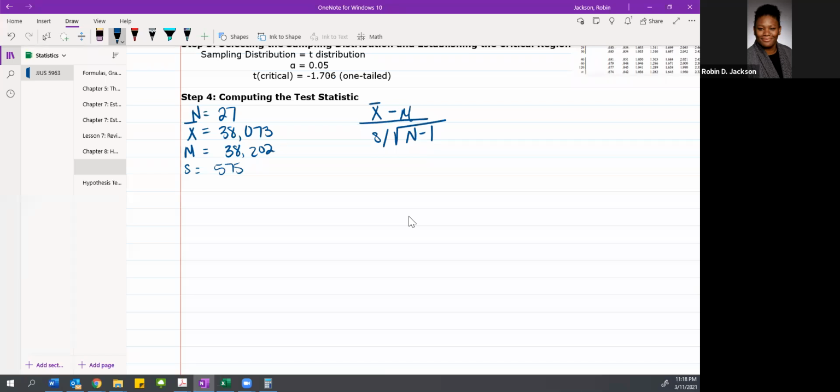So Z obtained is going to be, sample mean here is $38,073. Subtract $38,202.